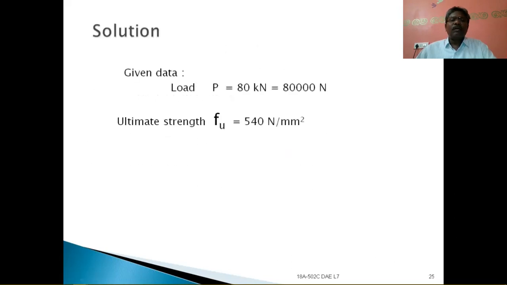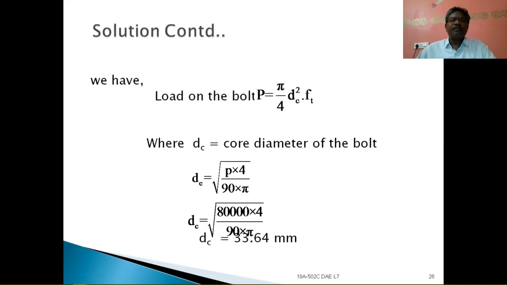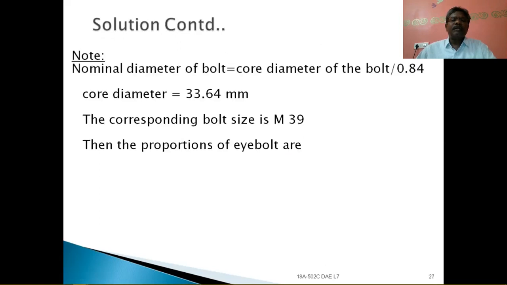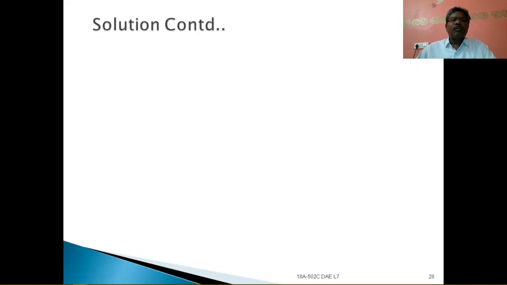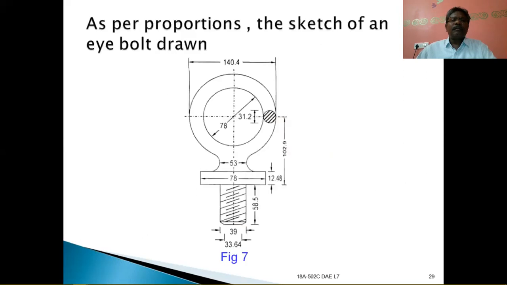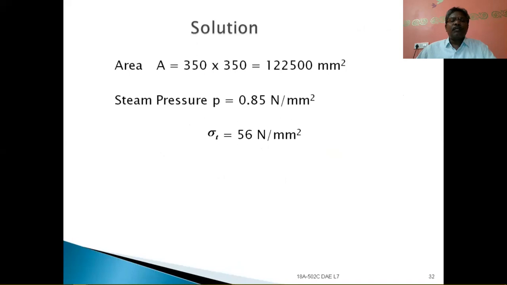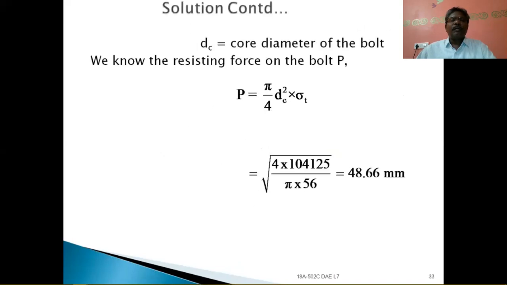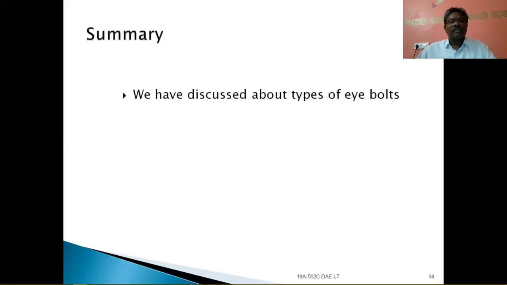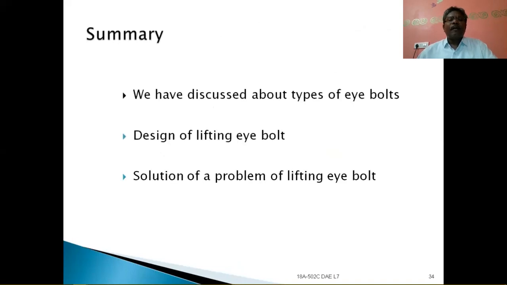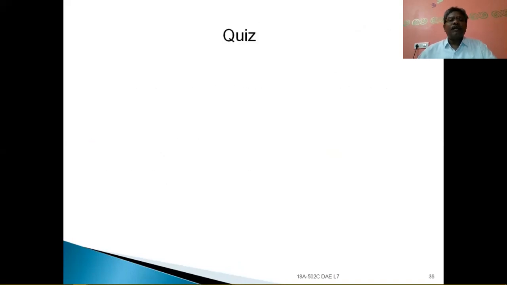And also we completed two more problems, right? And also we completed the boiler stay problem, and also we completed the summary, and also we completed a small quiz.